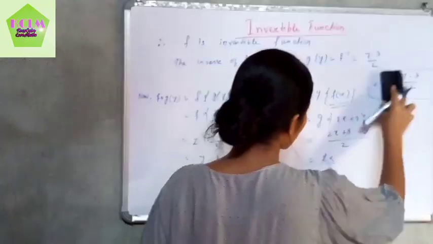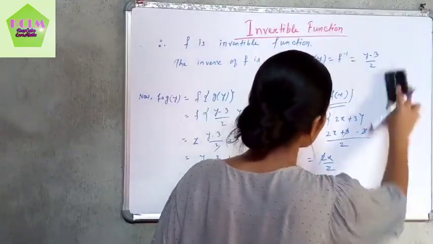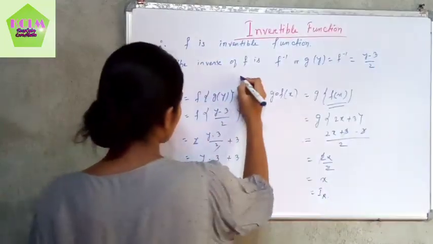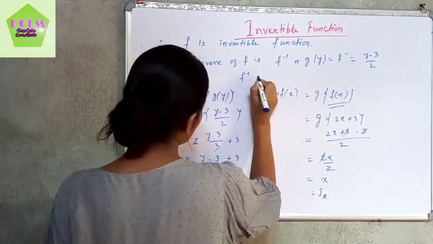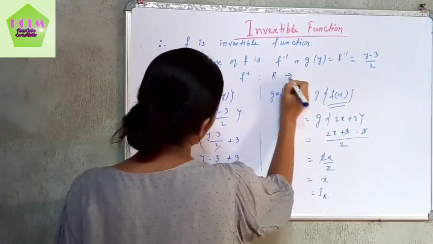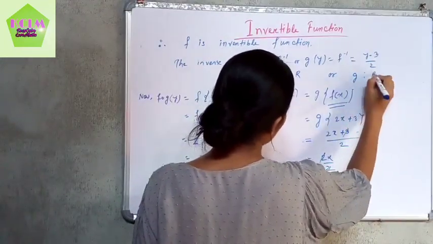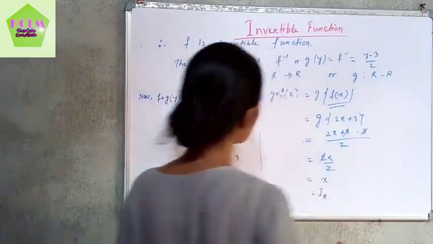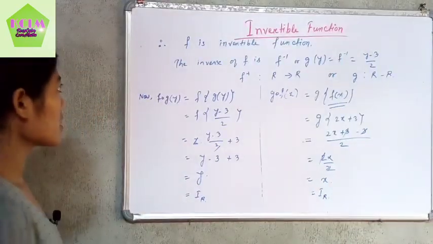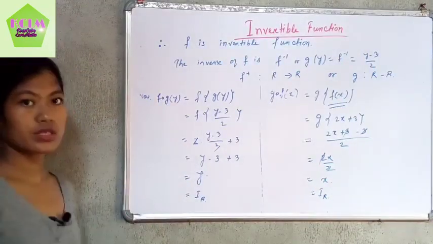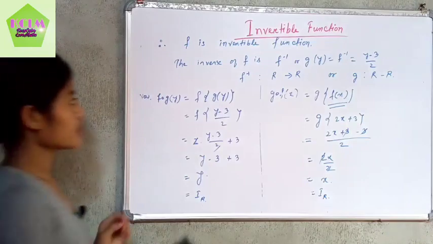And what is the domain and codomain of this inverse function? This is nothing but f inverse goes from R to R, or we can say g goes from R to R. So this is the inverse of the function f. So this question is done, right?